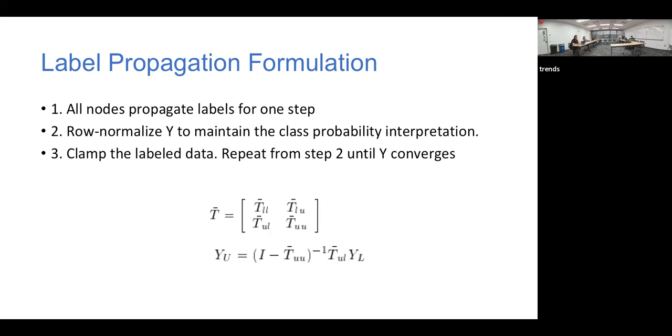So I think each label to label and label to unlabeled is normalized along that row. I think that's why they organize it by a matrix. Okay, so it has information from both the label to label and L to U, and then U to L and U to U, I think. At least that's what I gather from section 2.3.